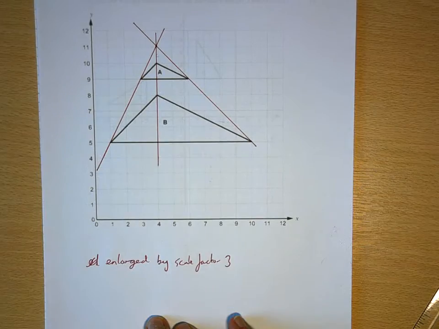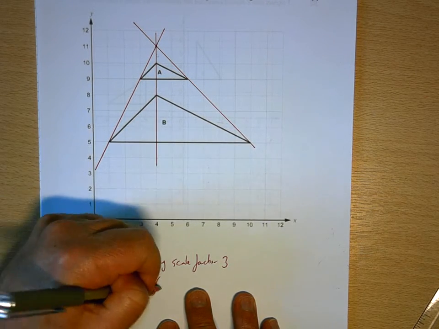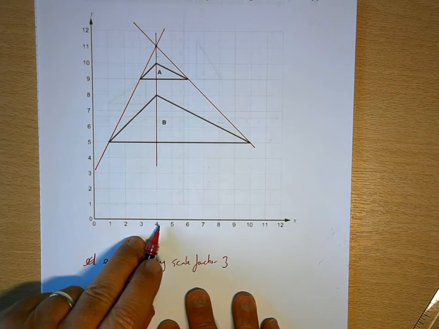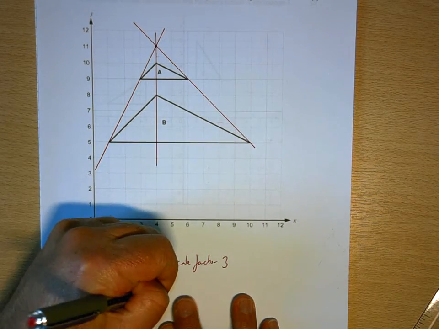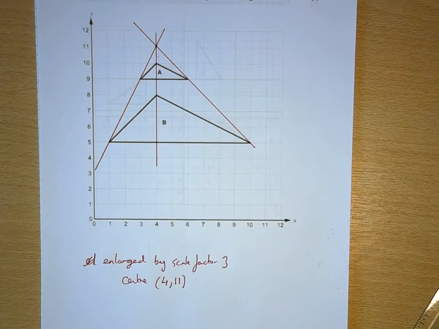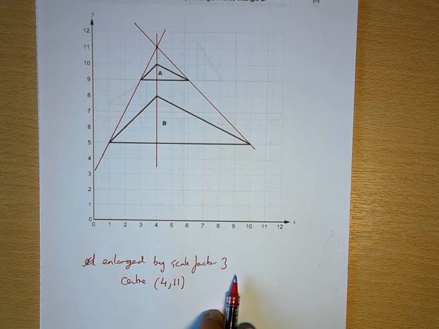So in this one, the center will be X coordinate always first, so it's going to be 4, 11. So 3 marks there, 1 mark for enlarged, 1 mark for the size of the enlargement, 1 mark for the center.